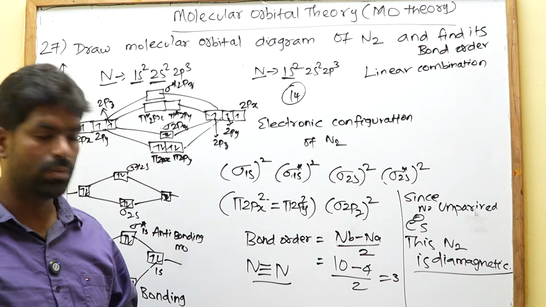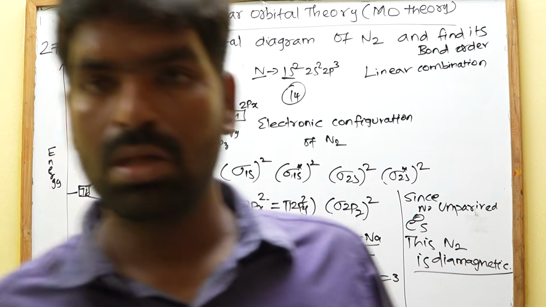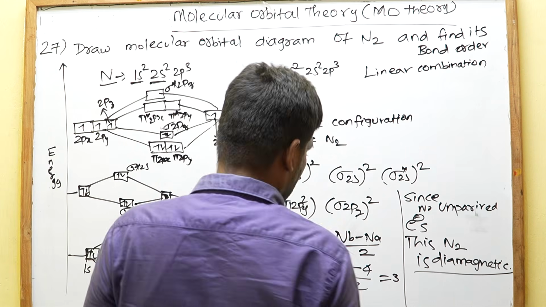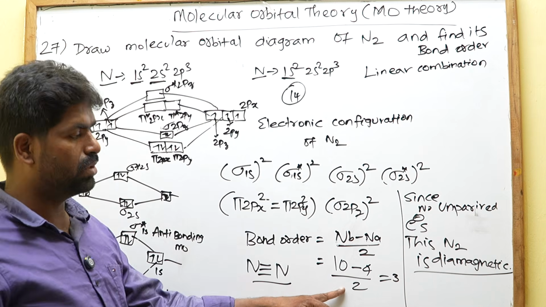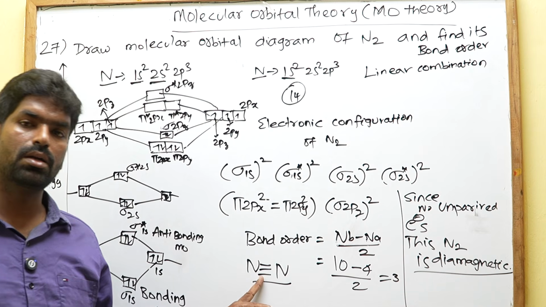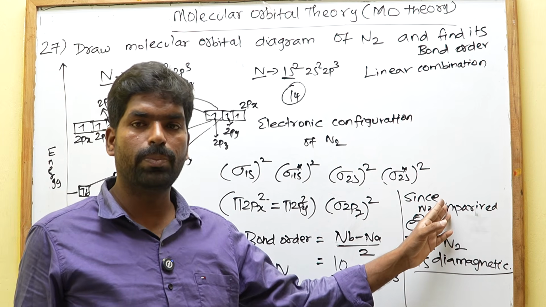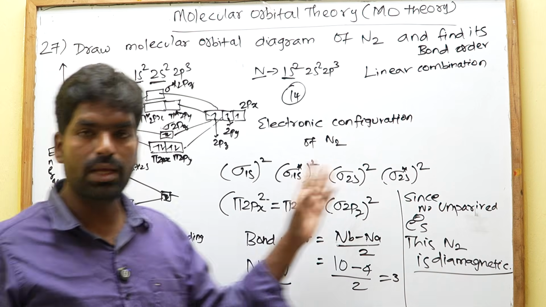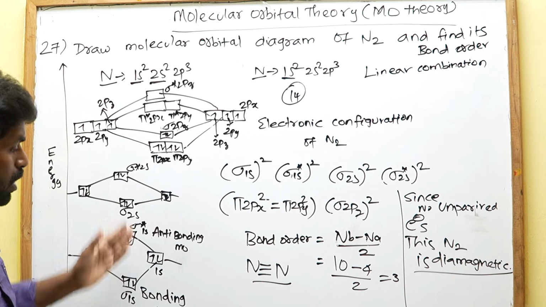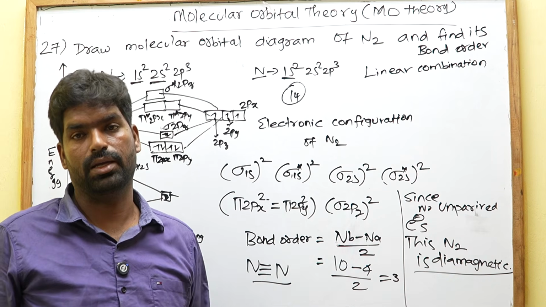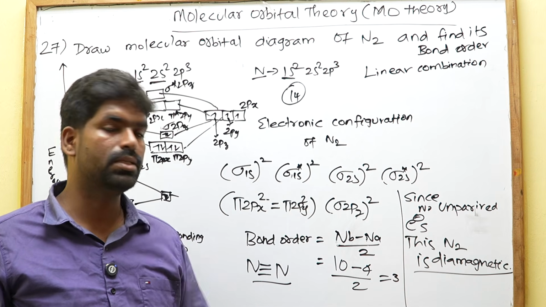So the value is 3. Therefore a triple bond exists between the two nitrogens. Since no unpaired electron is found in any of the bonding or anti-bonding molecular orbitals, dinitrogen is diamagnetic. So the magnetic property of dinitrogen is diamagnetic.